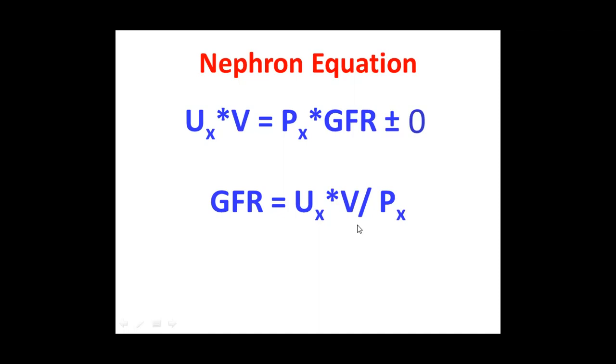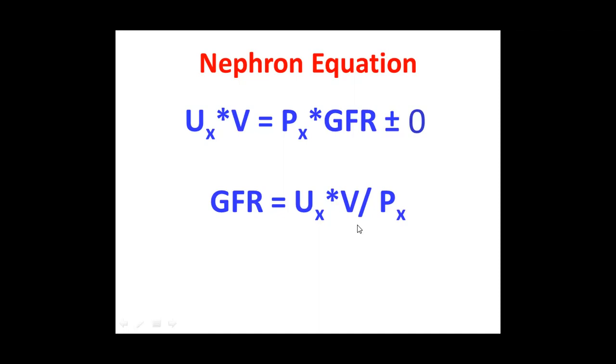The point is, what is that substance whose Tx is 0? What is the meaning of the statement that Tx is 0? What is the implication of this? When we say Tx is 0, that means it is a substance which is neither reabsorbed nor secreted, which is only filtered.